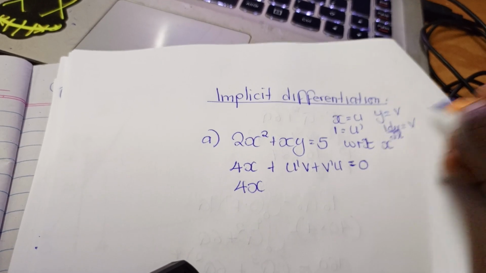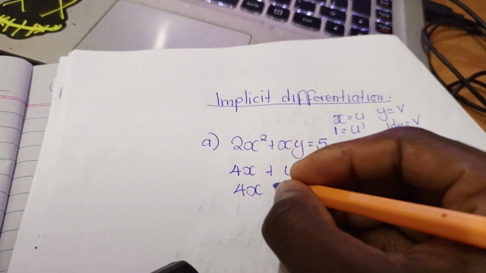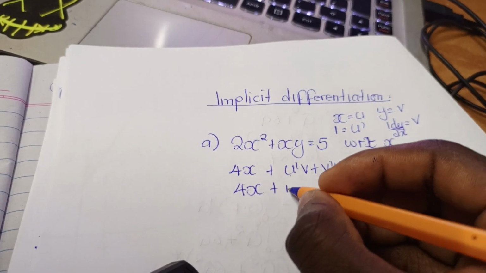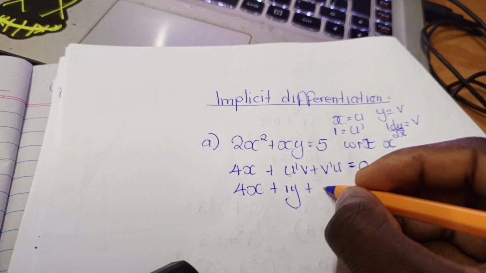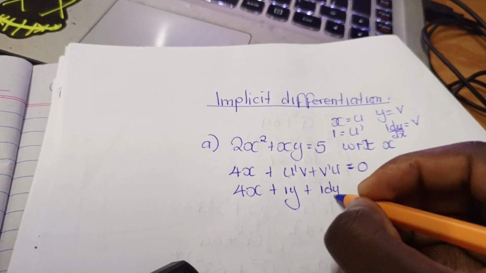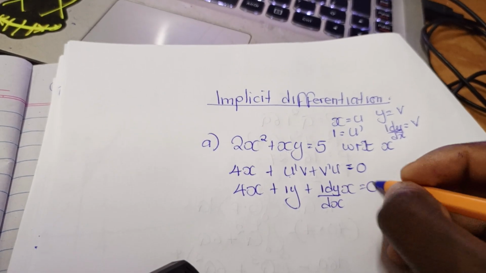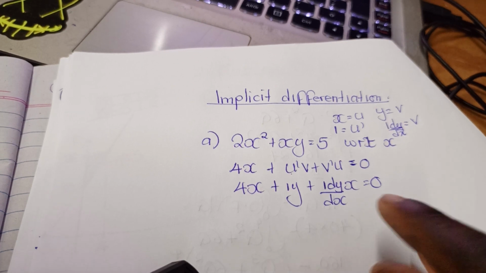So this is the rule that we are going to work with when we are dealing with implicit differentiation, where you now just replace u prime, in this case it is 1, and your v it is y, plus v prime it is 1 dy over dx, where your u is x, is equal to what? 0. Remember, our main interest is to have dy over dx.